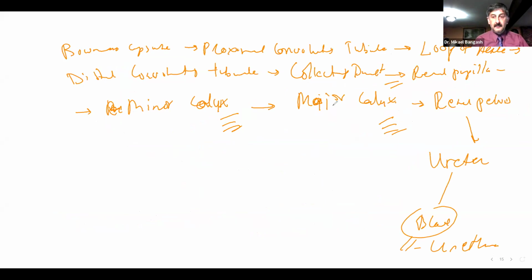Major calyces open up into the area right next to your hilus inside the kidney, called the renal pelvis. From the renal pelvis, the ureter leads and carries urine to the bladder, and from there to the urethra.